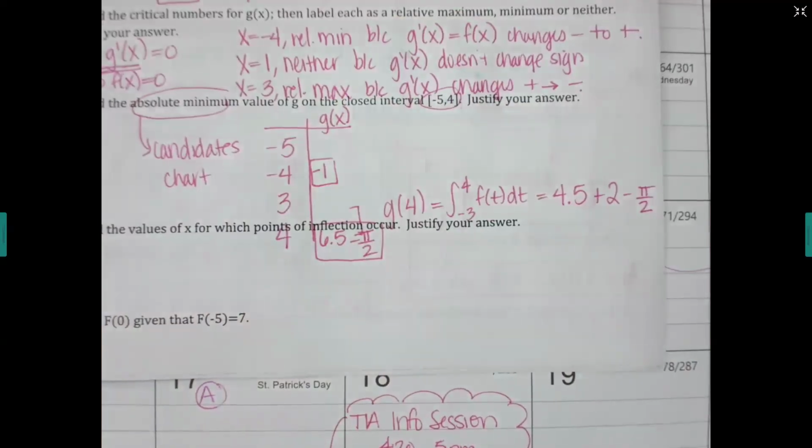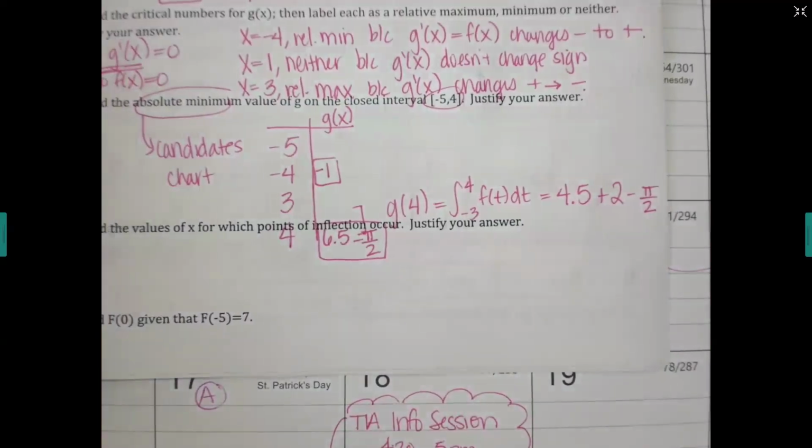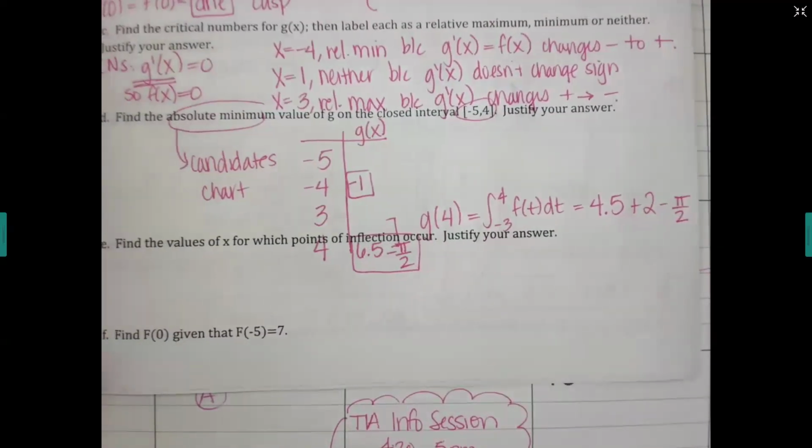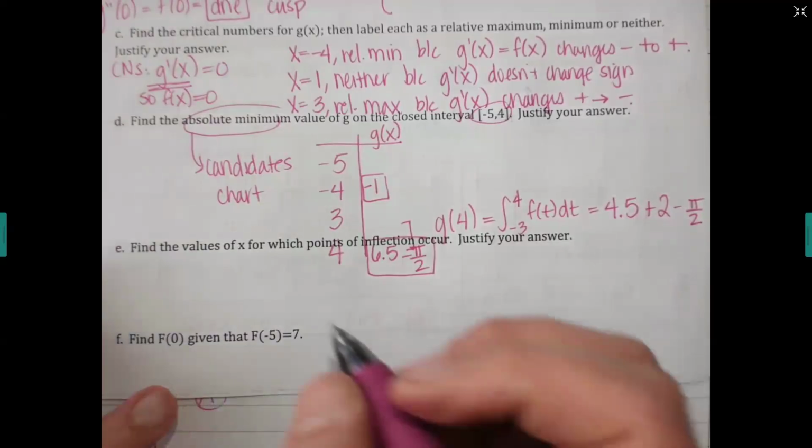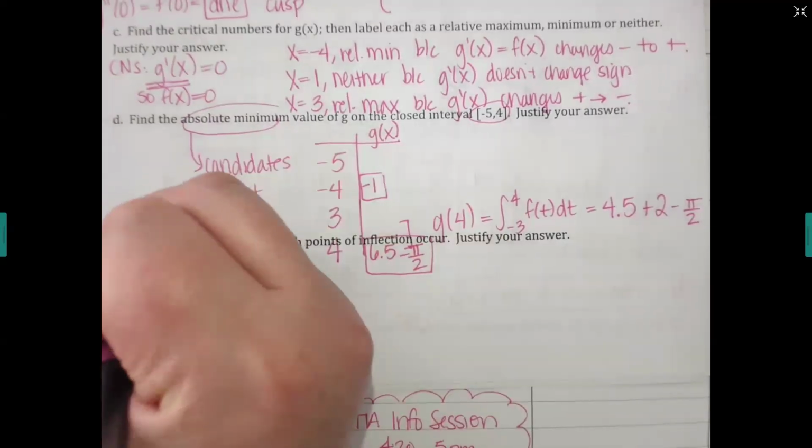All right. Next question says, find the values where points of inflection would occur. Okay, so when I'm talking about a point of inflection, is that a question for G, G prime, or G double prime? If I want a point of inflection, what needs to change sign?